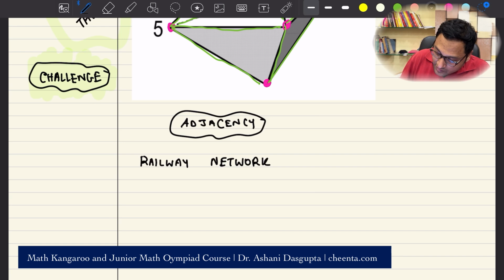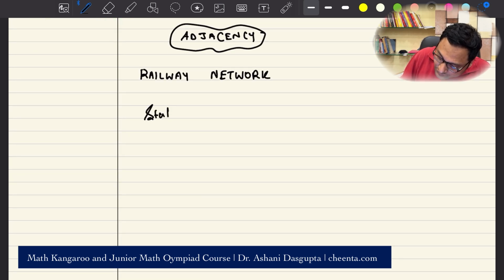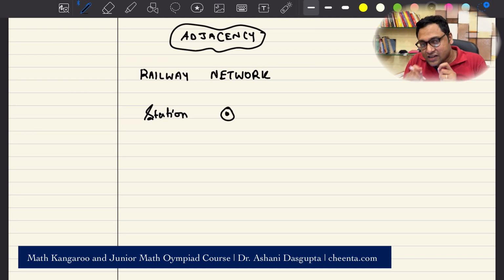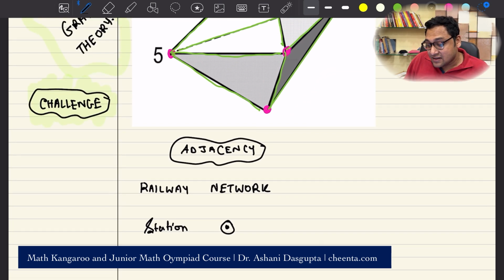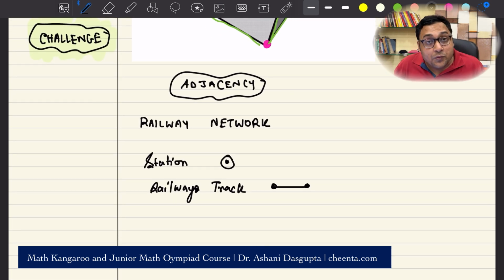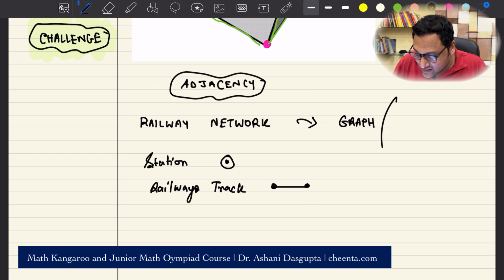You can imagine every station as a vertex, and if 2 stations are connected by a railway line, so railway tracks, you can think about that as an edge. If you think like this, then the entire railway network is actually a graph. Remember, this is not the coordinate geometry graph. This is the graph containing vertices and edges.